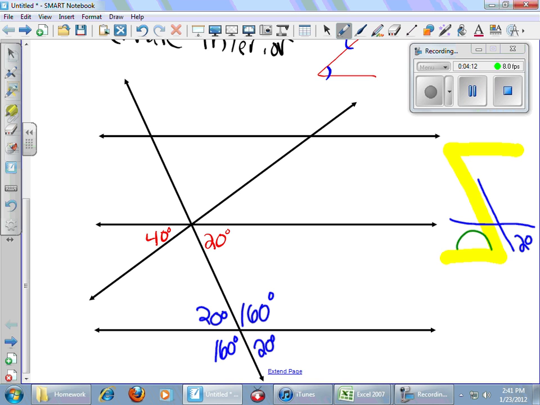If you're figuring it out and you want to pause and try to figure some of the rest on your own, that's fine. I know I have an x here, but I don't know these two angles. And I don't know this angle and that angle. So that's not going to help me. So I'm going to back up and see if I can find another x.